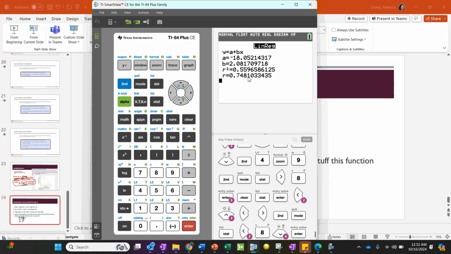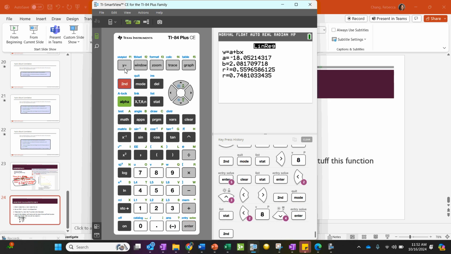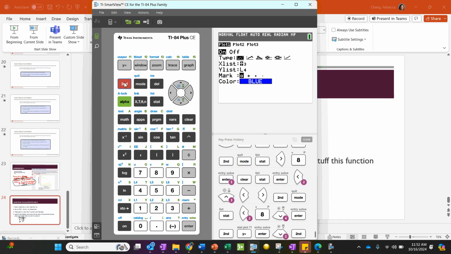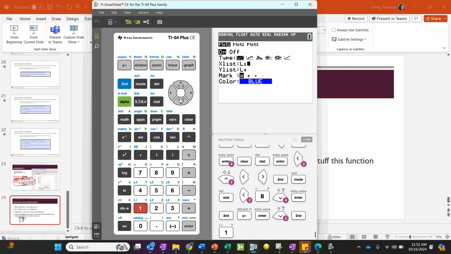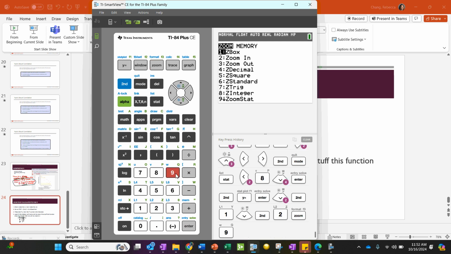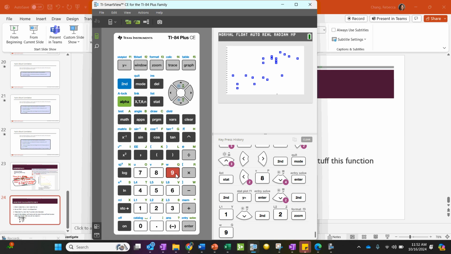Now, before I interpret this, remember we said that we should make sure that the data is linear to begin with. So if I'm a good statistician, which I am, I'm going to go and make a scatter plot. This was L1 versus L2. So I'm going to zoom 9. There we go. So that's the data that I just so happen to have in L1 and L2.